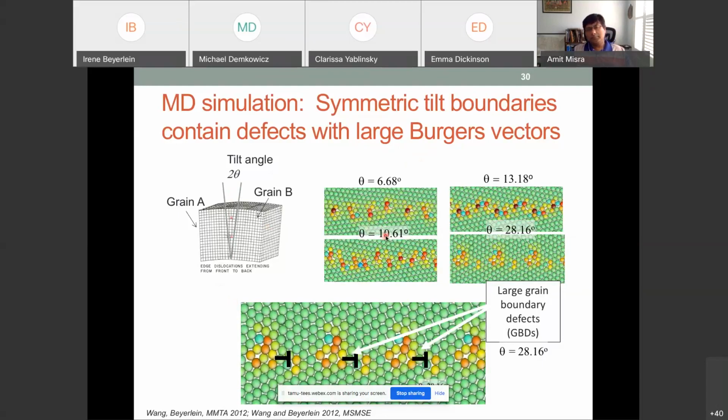Typically, the larger the misorientation, the more defects you have, and larger grain boundary defects. So if we take the larger case here, which is almost 30-degree misorientation, these colored regions point out the areas where you have the larger grain boundary dislocations.